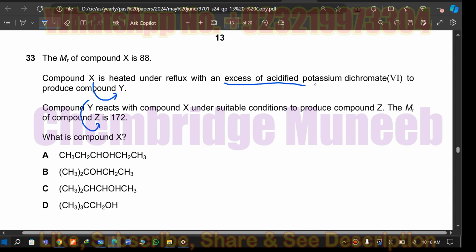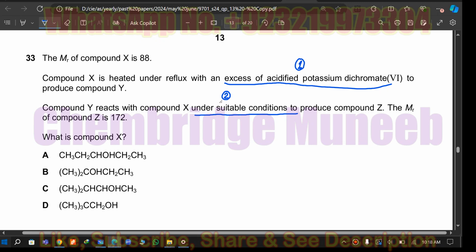X reacts with acidified potassium permanganate, potassium dichromate, and there is another reaction which is not actually stated what kind of reaction it is, but its property is given that you are getting 172 as a product. So I will label the first reaction as reaction number 1 and the second reaction as reaction number 2.